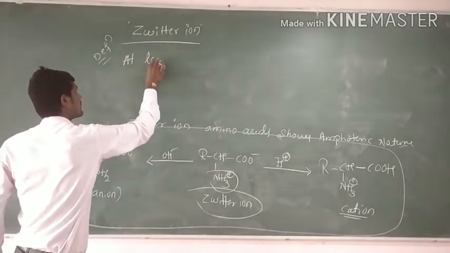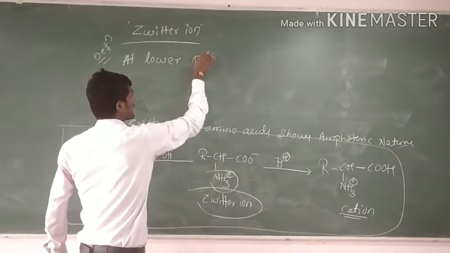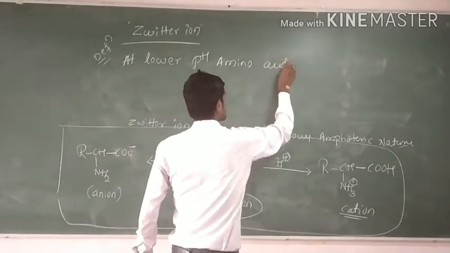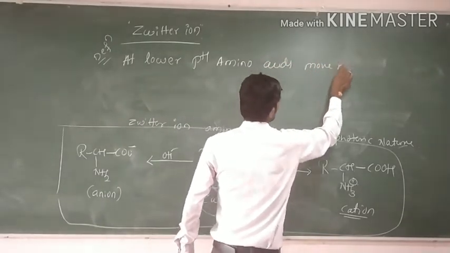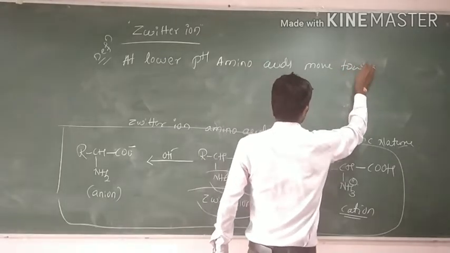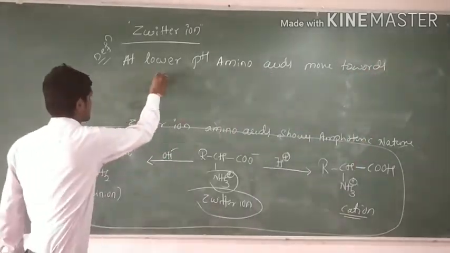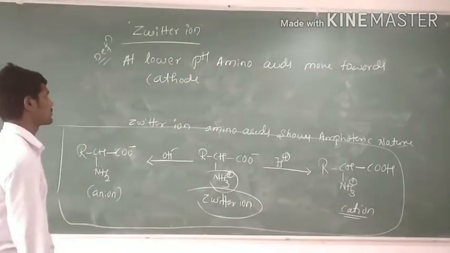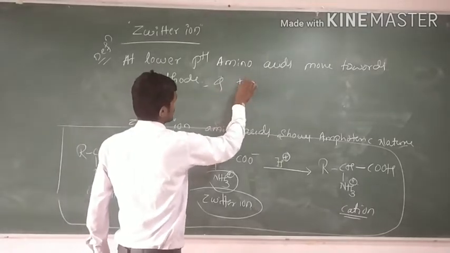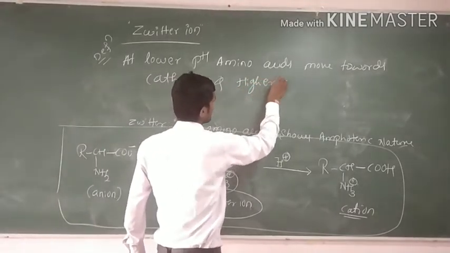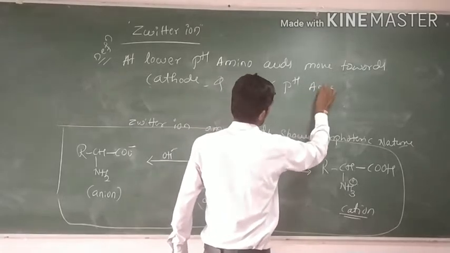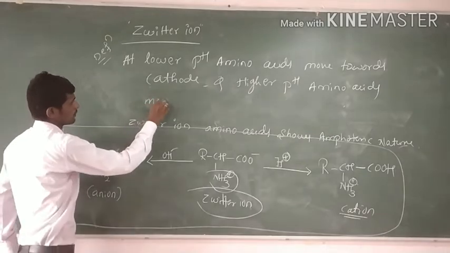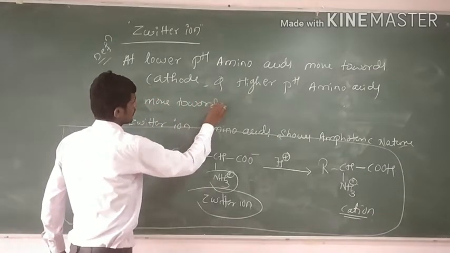At lower pH, amino acids move towards cathode, and at higher pH, amino acids move towards anode.